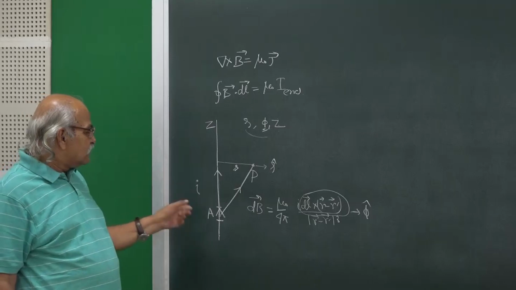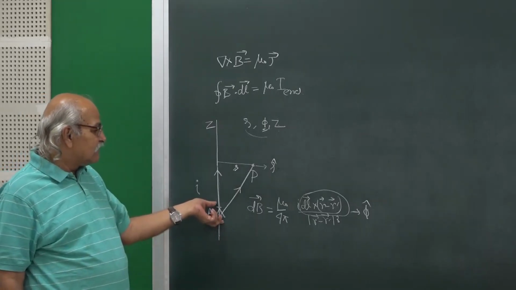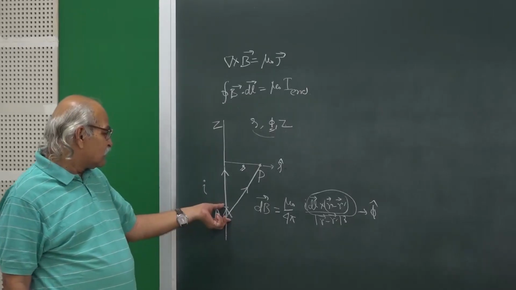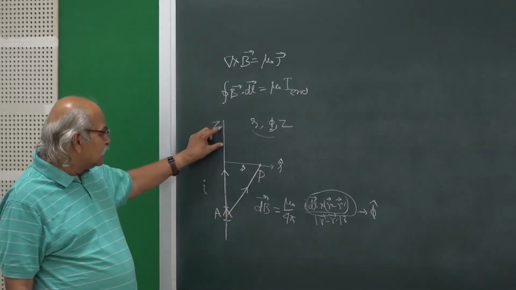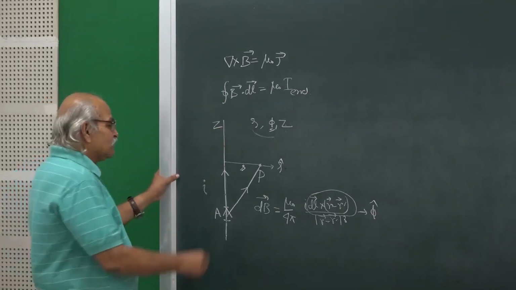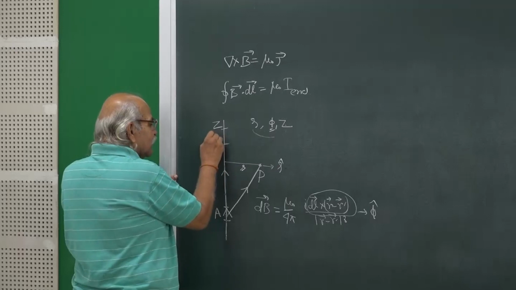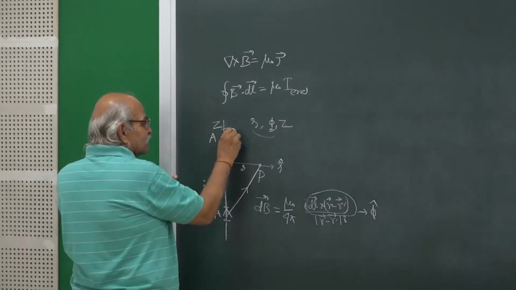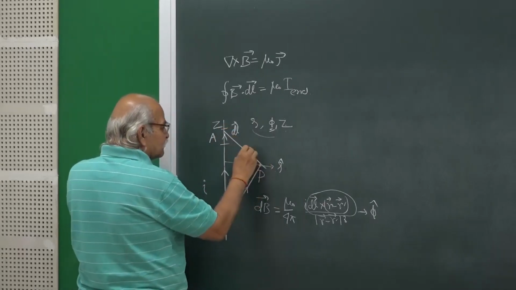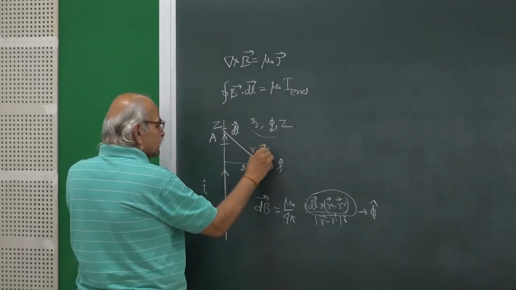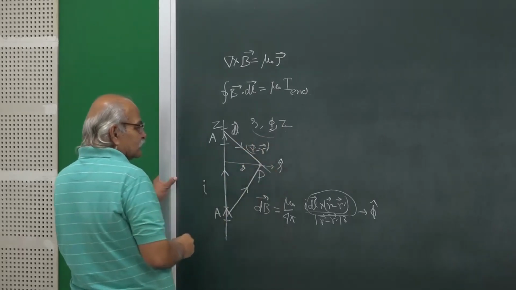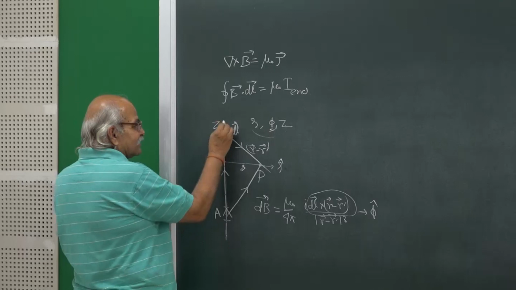The magnetic field due to this element is in the phi cap direction, and it does not matter whether you take the element here or here, it is the same story. If you take your A here, this is the dl vector, and this is the point, then this will be r minus r prime, AP, in this direction, and dl is in this direction.